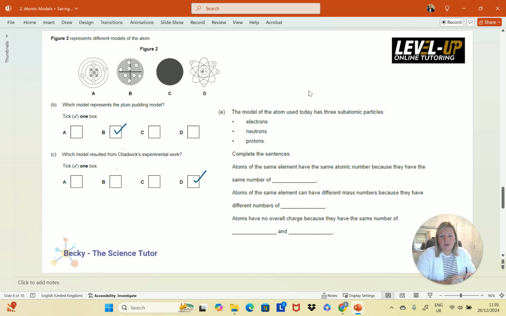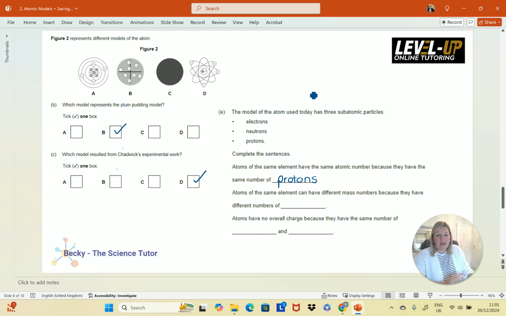Okay, and then the final part is a little bit of atomic structure. Obviously we know what the atom looks like today from these scientists and their experimentations. So atoms of the same element have the same atomic number because they have the same number of protons. Remember, it's our protons that dictate which element we have.